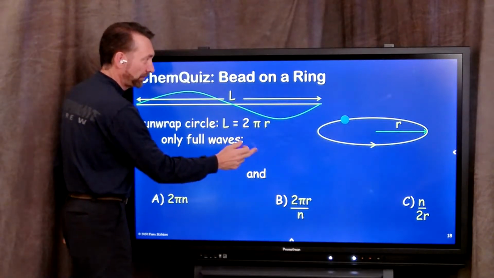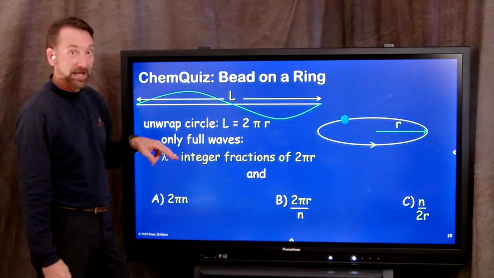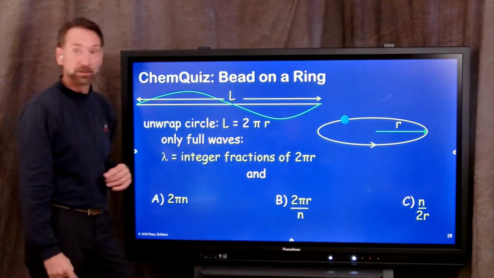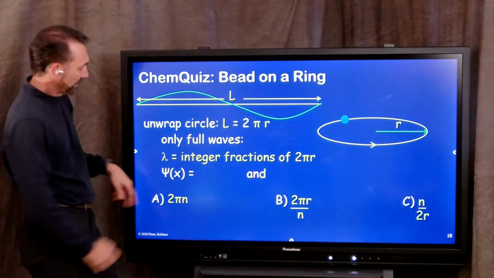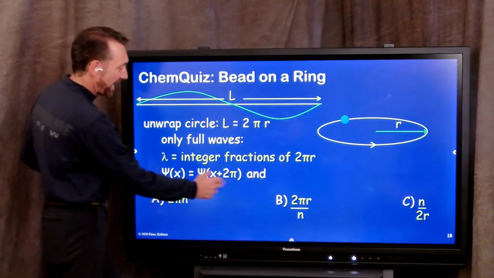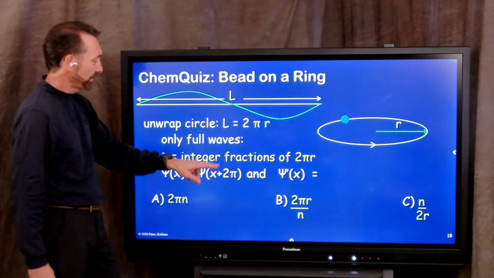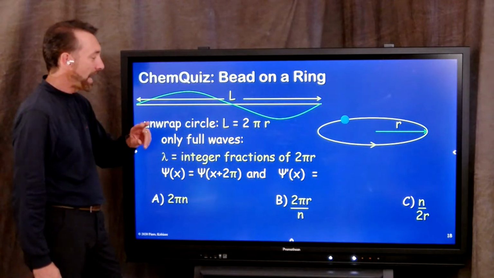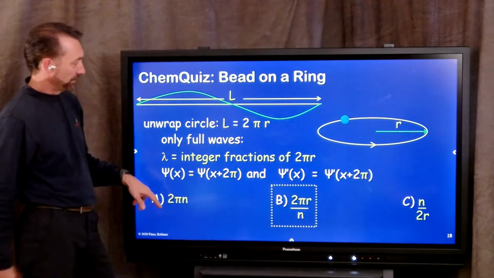So if only full integer waves work, then lambda has to be a multiple of 2 pi r. The wavelength has to be a multiple of 2 pi r, so any 2 pi times n will work. If phi of x is 0, then phi of x plus 2 pi must be 0 as you go down the string.